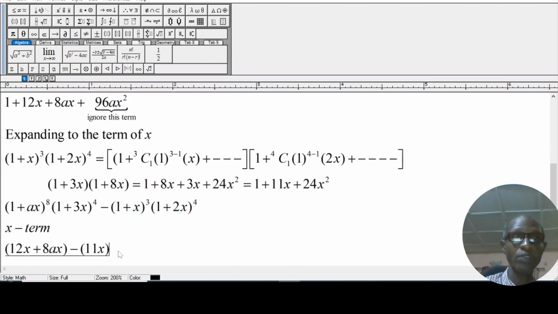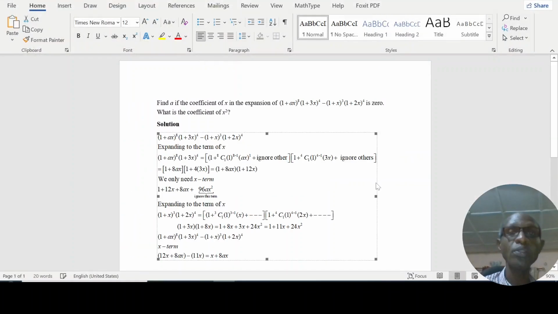So what we have here is equal to x plus 8ax. Now let's look at the question again. It says find a if the coefficient of x in the expansion is 0.